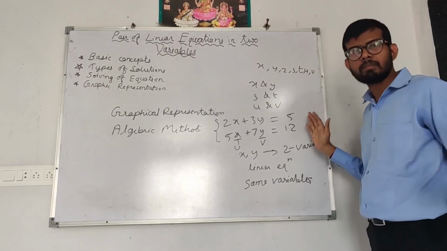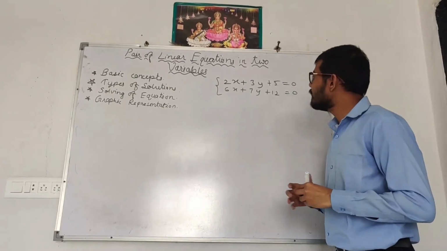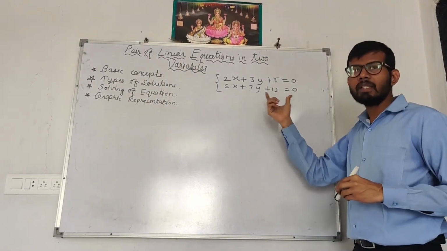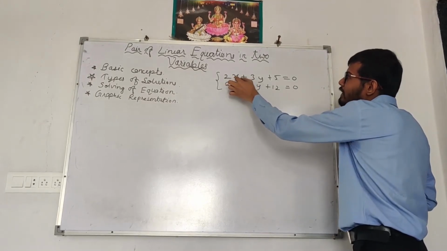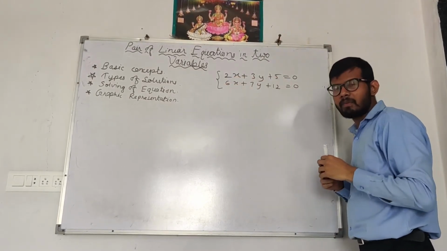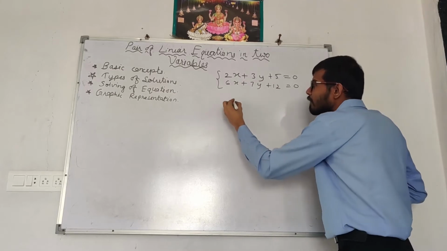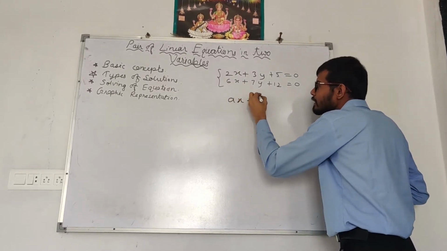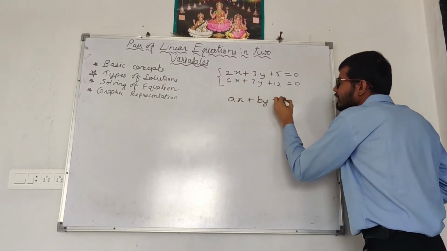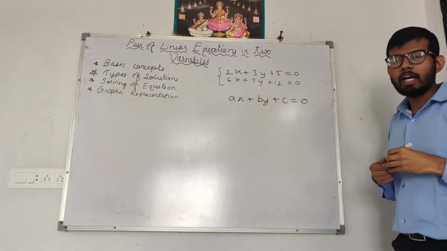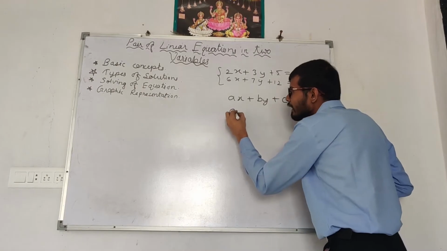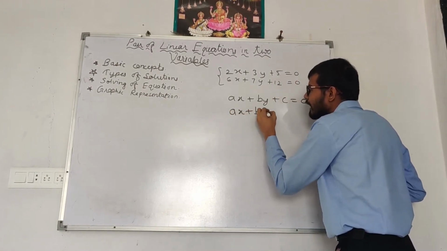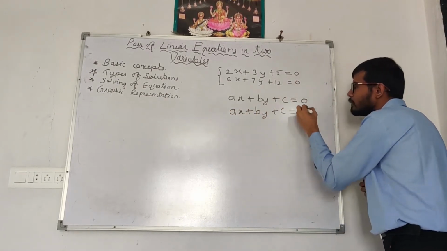Now let us talk about the general form of a linear equation. This is the given equation. The first equation is 2x plus 3y plus 5 equals 0. So its general form will be ax plus by plus c equals 0. For the second equation also, the general form will be ax plus by plus c equals 0.